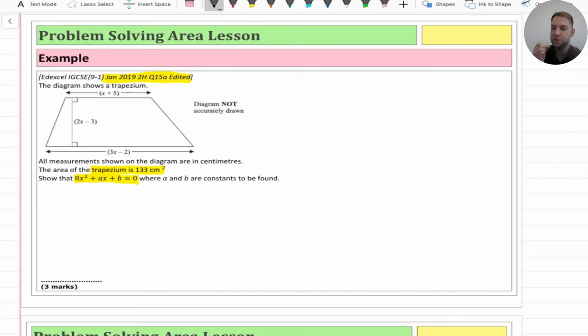So the actual area that we need to do in this isn't that tricky. We're just finding out the area of a trapezium. Now we are going to have to work backwards. It's all about rearranging with this. So let's first of all write down what the formula for the area of a trapezium is.